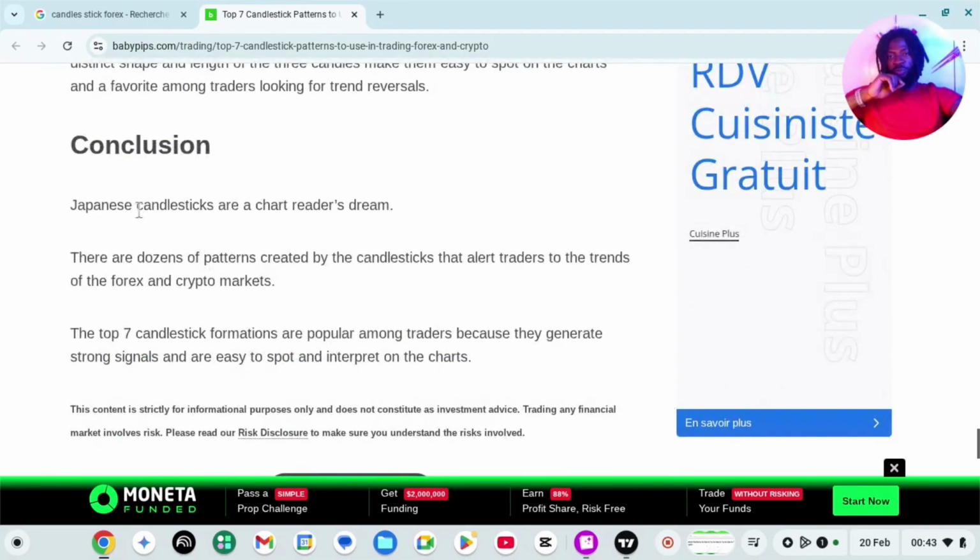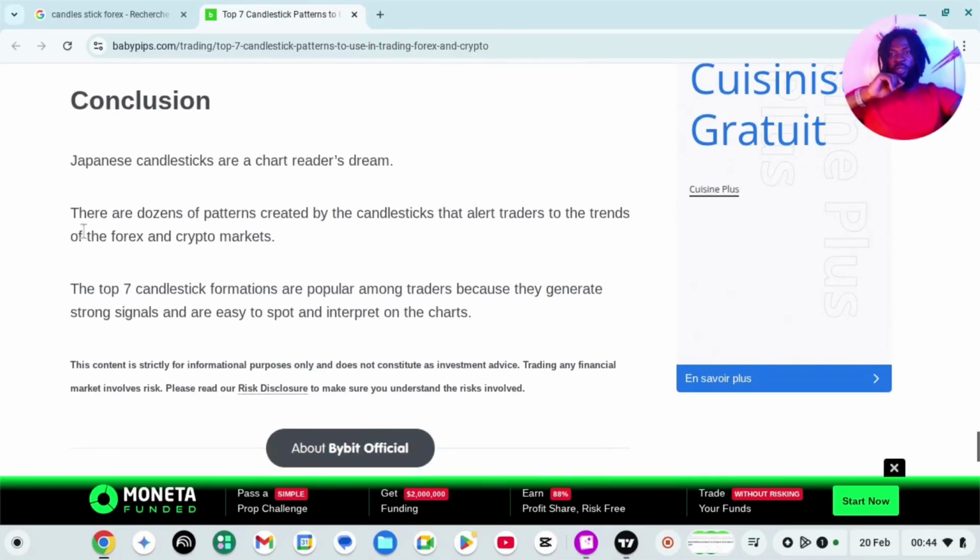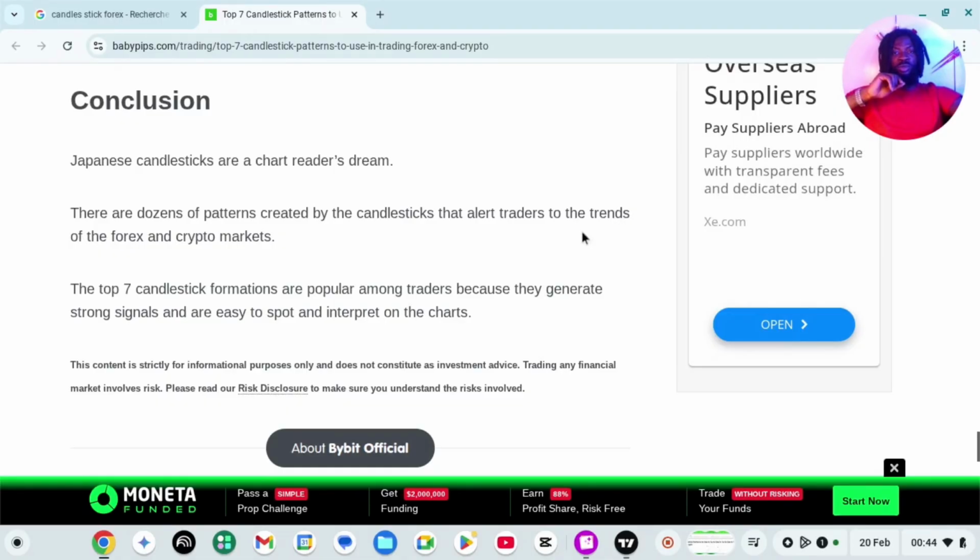Conclusion. Japanese candles are a chart reader's dream. These are dozens of patterns created by the candlesticks that alert traders to the trends of the forex and crypto market.